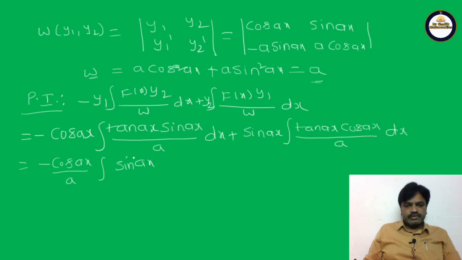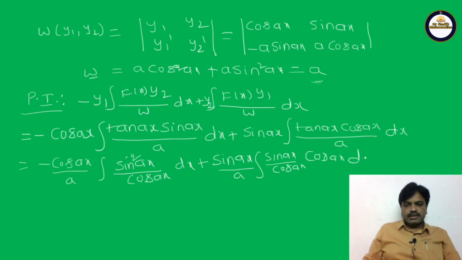Already we have sin ax, so it is going to be written as sin square ax divided by cos ax into dx, plus sin ax, a is constant so write it outside. The integral of tan ax can be written as sin ax by cos ax into cos ax into dx. See here friends, cos ax cancels, so that is equal to minus cos ax by a.